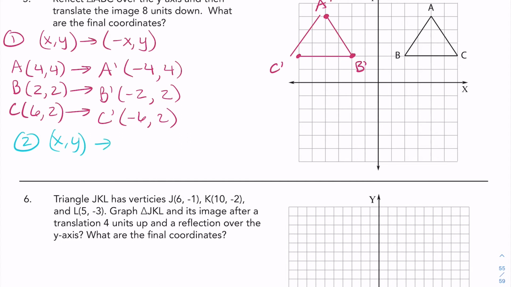X comma Y maps onto X stays the same, and it's just Y minus 8. So A prime is at -4, 4. B prime is at -2, 2. And C prime is at -6, 2. And it goes down 8.